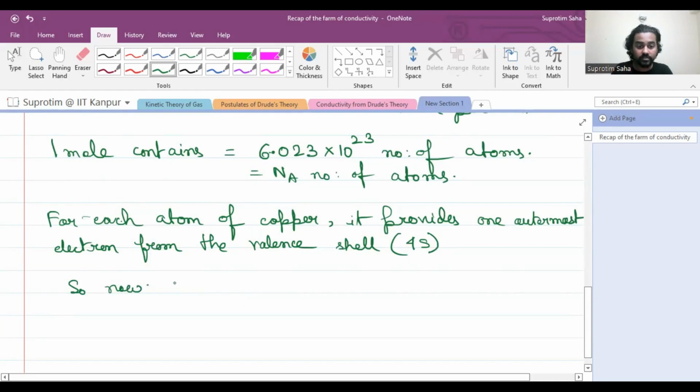So now the density of electrons, which is given by n, the number density of the charge carriers.